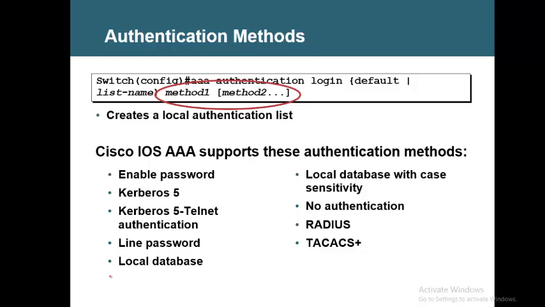Likewise, on the TACACS server, the security engineer will put the IP address of the switch and the pre-shared key. Once authenticated, only then will the AAA services be provided by the TACACS server. Same also with RADIUS. We have done this as a lab in the previous class.